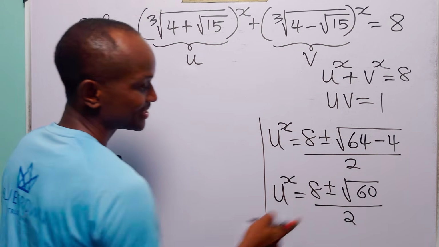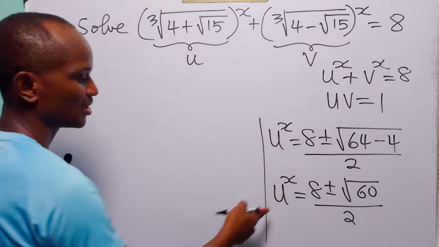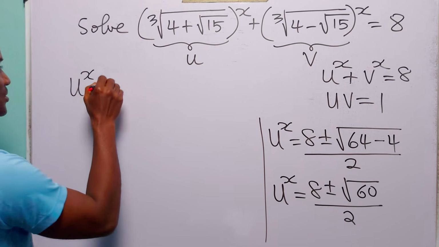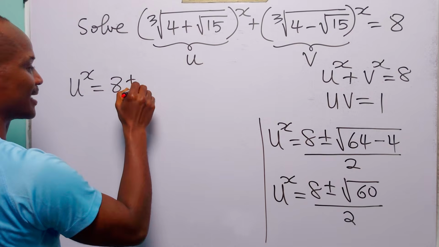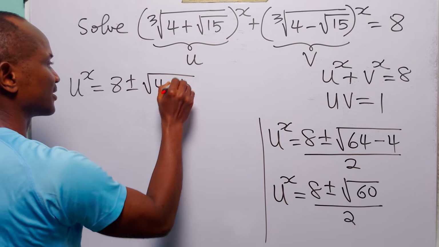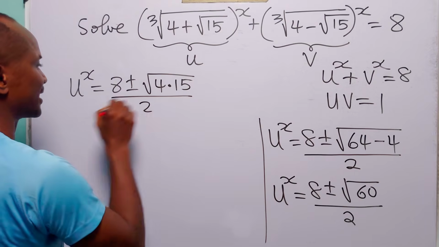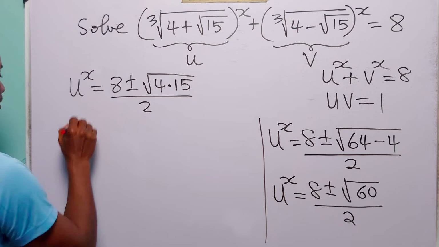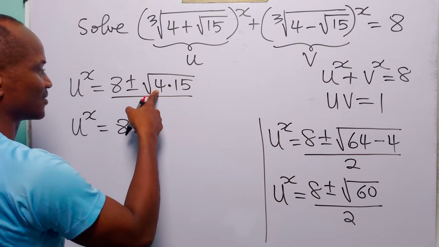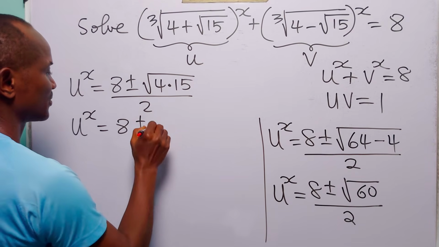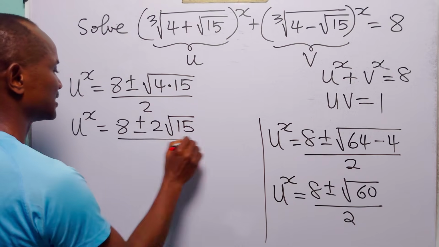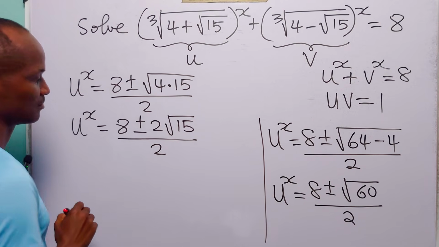Now 60 is 4 times 15. So we have that u to the power x is equal to 8 plus or minus the square root of 4 times 15 divided by 2. u to the power x is equal to 8 plus or minus the square root of 4 is 2, so we have 2 times root 15 divided by 2.